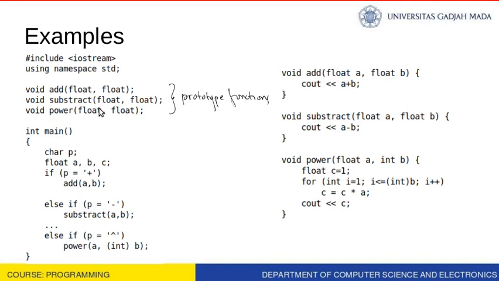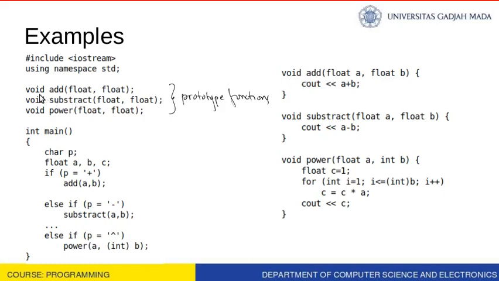So what is prototype function? As you can see here, it is the declaration of the function, and it leaves out the detail of the operation inside of the function. This one is just the same as the header of the function.